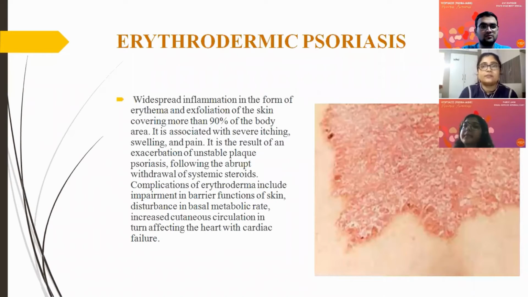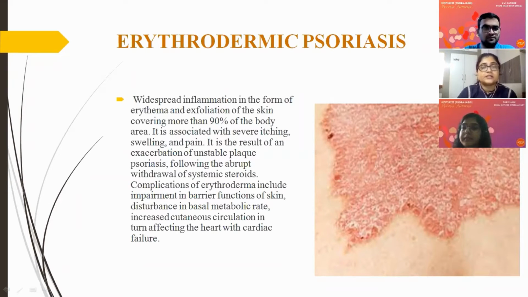The erythrodermic psoriasis. This is widespread inflammation in the form of erythema and exfoliation of the skin. It covers more than 90% of the body area, and it is associated with severe itching, swelling, and pain. If there is a stable plaque psoriasis and the lesions exacerbate, that can take the form of erythrodermic psoriasis.